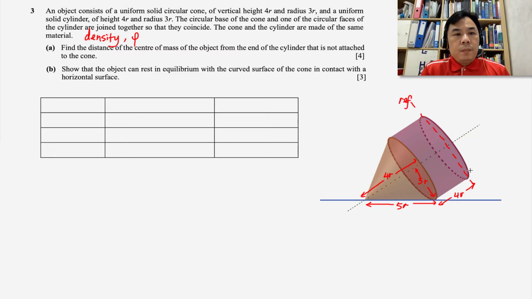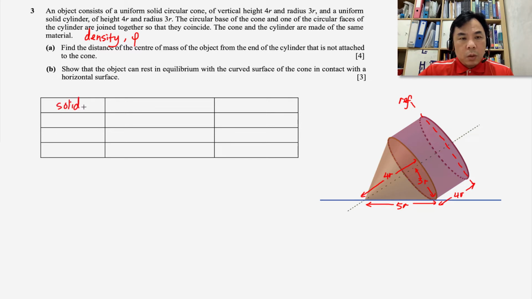Okay. All right. Now, before we start to work out the center of mass, it's always best to construct a table to include all the individual objects that we combine together to produce that composite rigid body. All right. So here we're going to write down the solids.